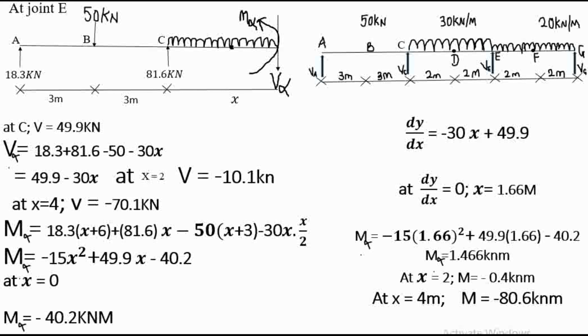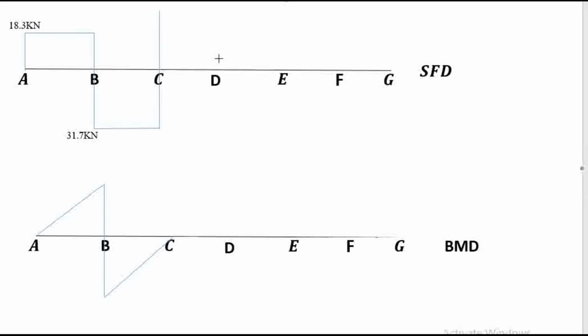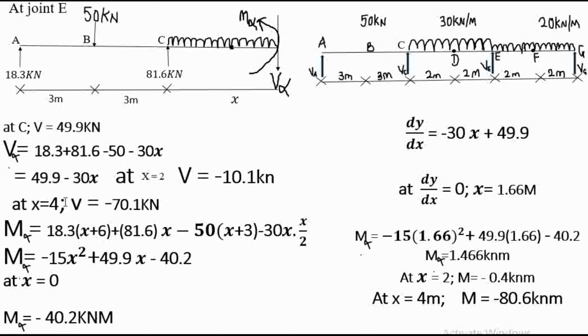Let's represent that in our diagram. For the fact that it is UDL, it is going to maintain a straight line, and the straight line will pass through. Don't forget, x equals 4 meter is exactly under point E. So we are going to extend our shear force diagram from point C to point E.